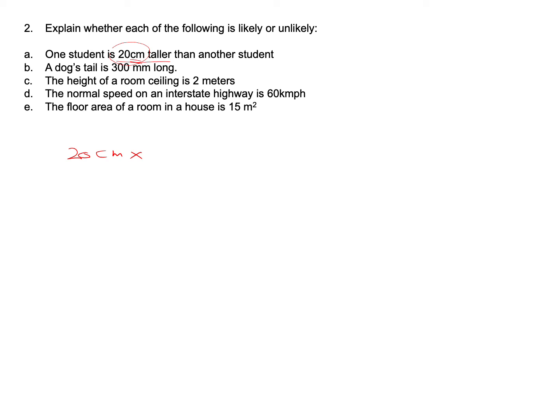So how do you convert centimeters to inches? You have to have the conversion. 1 foot is equal to 30.48 centimeters. So 30.48 centimeters per 1 foot.